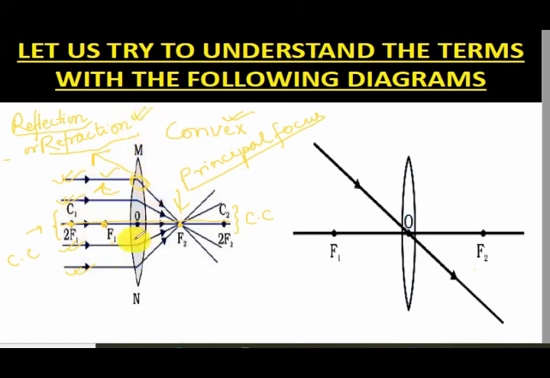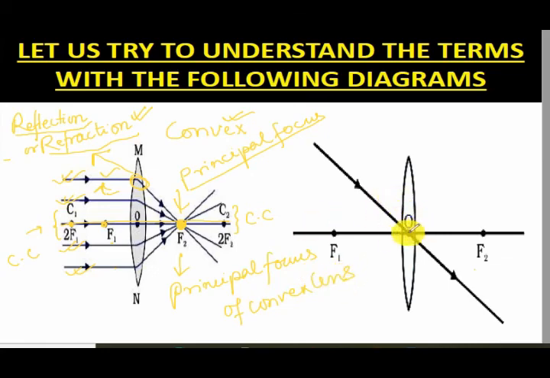This is the refraction phenomenon. After that refraction, they converge to a point on the principal axis. This point on the principal axis, we define it as the principal focus of the convex lens.